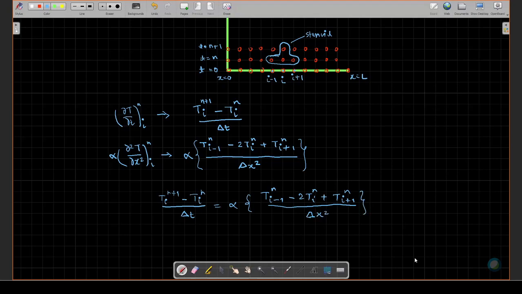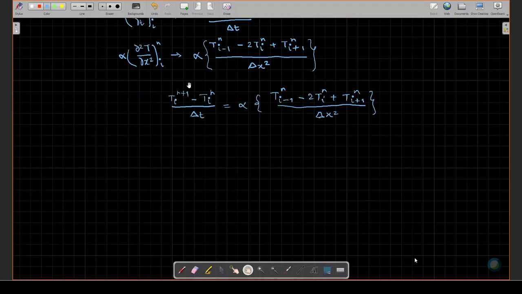Okay. Now see here, this is called an explicit scheme. Why is it called an explicit scheme? You see, we have only one unknown. This n plus 1 is the unknown, and the nth level is known.